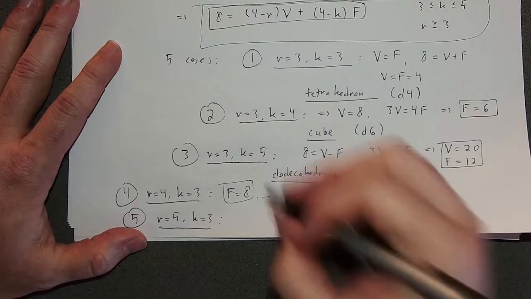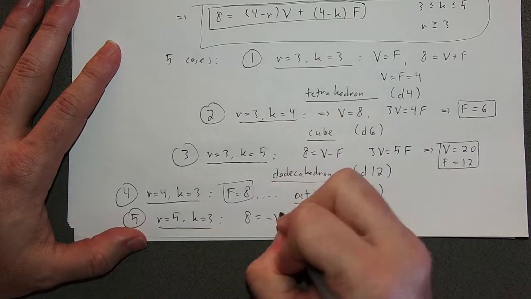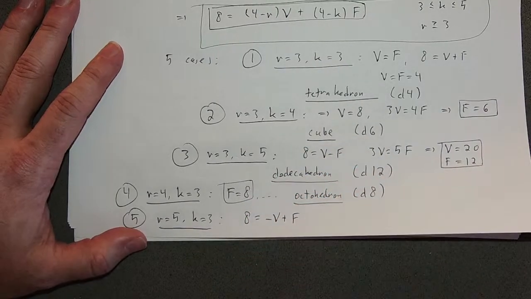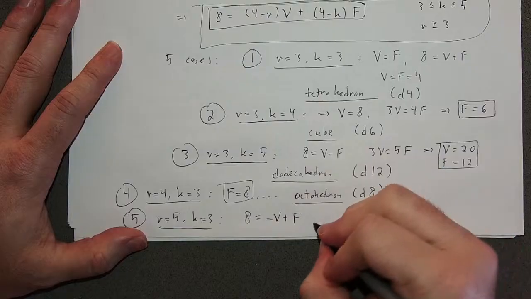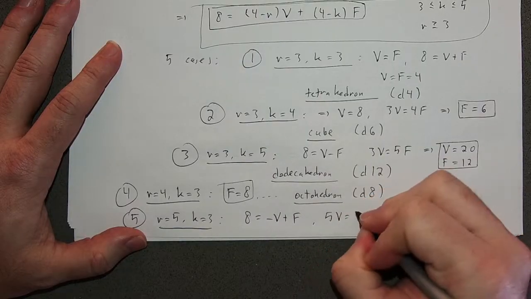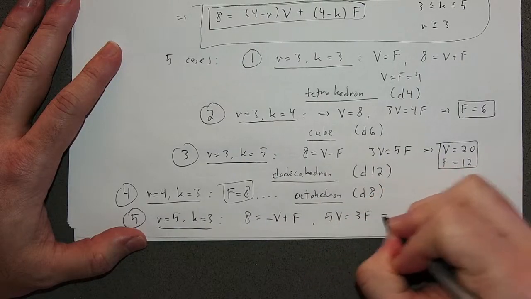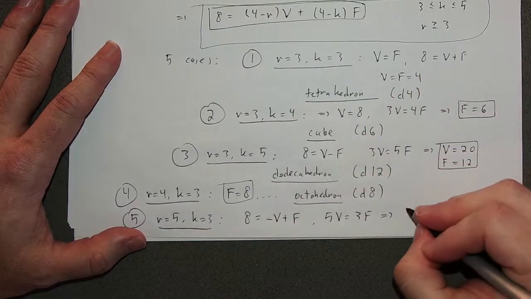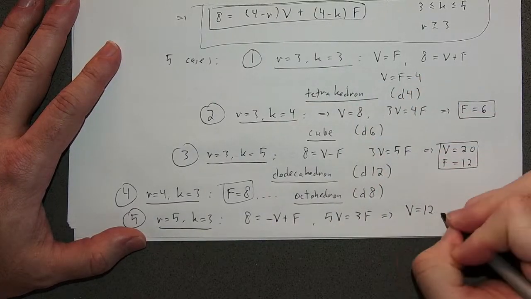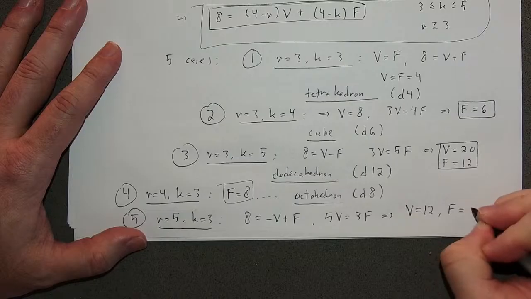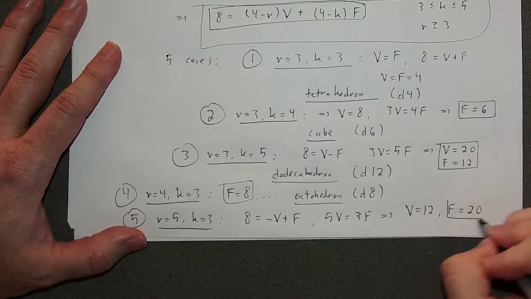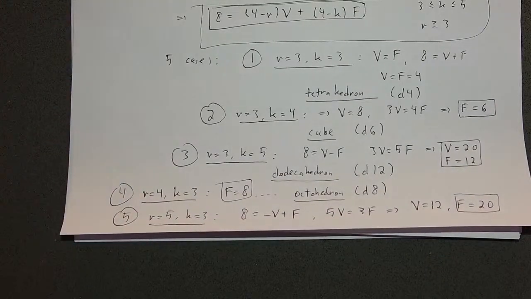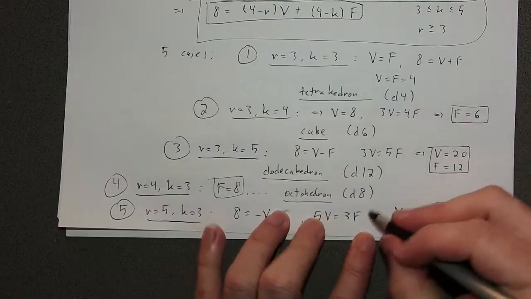You will see that 8 is minus v plus f, and 5v is equal to 3f. If you solve that system, you get that you have 12 vertices and 20 faces. This is an icosahedron, or a D20.